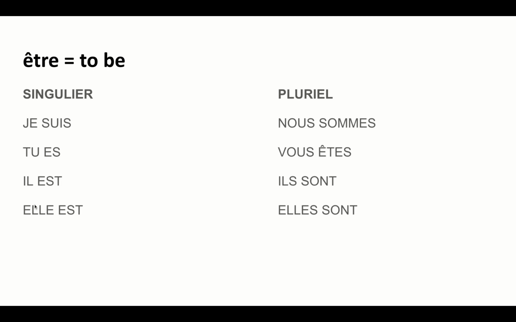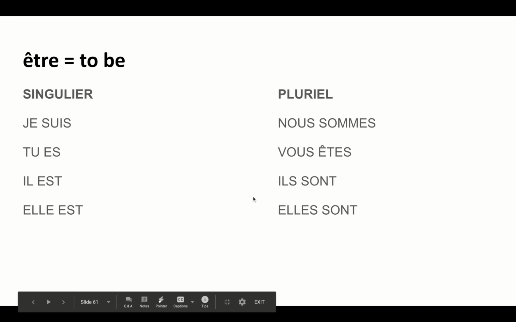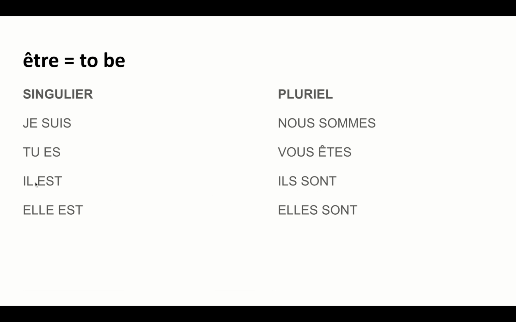What am I going to replace it with? Okay, then from there, you're going to choose the right form of être, because that's the difference between saying he is and he are, or they is and they are, right? I mean, just like in English, if you say it wrong, I get what you're saying, but it's not correct. So we're trying to move up the levels of proficiency here, okay?